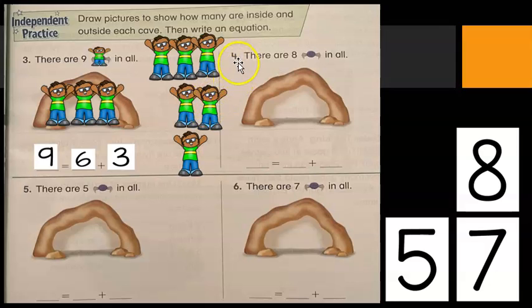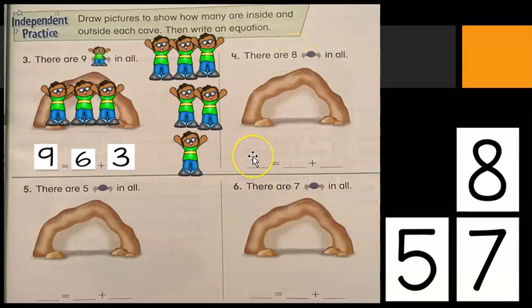Now, first graders, you're going to do now number 4, number 5, and number 6 now on your own. Remember, you're going to read this. Here says, there are 8 spiders in all, okay? Because that looks like a spider there. So remember, your answer's here. Let me give you a hint.